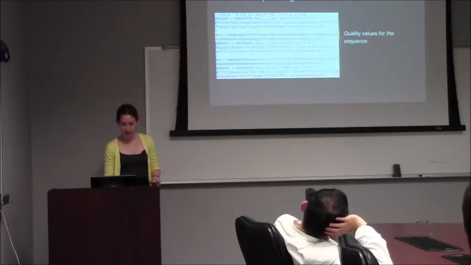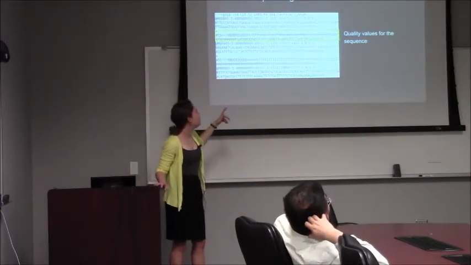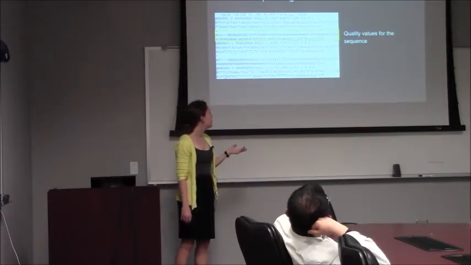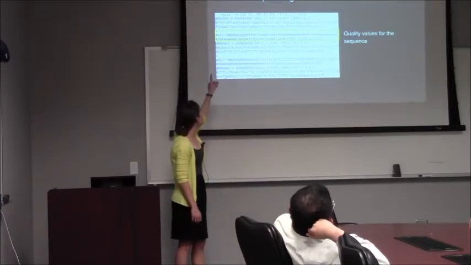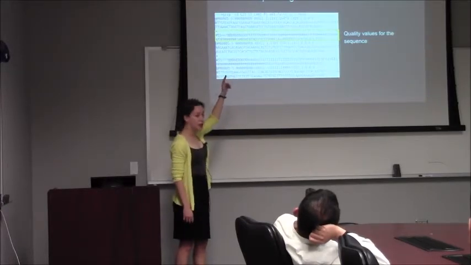And then there's also this gibberish, which is letters, but not base pair letters, and also symbols. And these are the quality values of the sequence. So there's one symbol for each of the base pair letters above it.